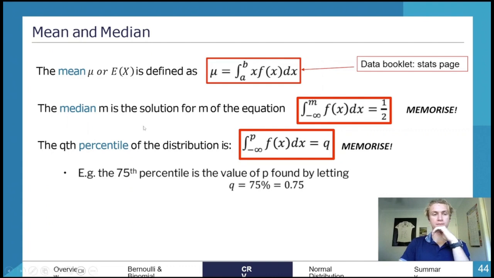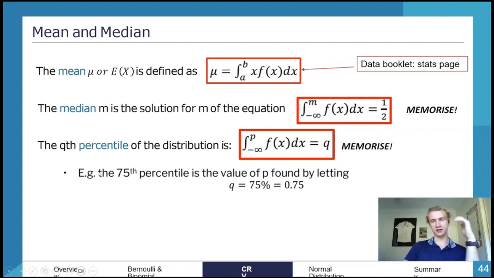Now, percentile is less high yield in terms of memorization. I'd write it down anyway, but basically it tells us the percentile of the population. Write down this formula for the Q percentile, and then we just sub in Q when it's given.